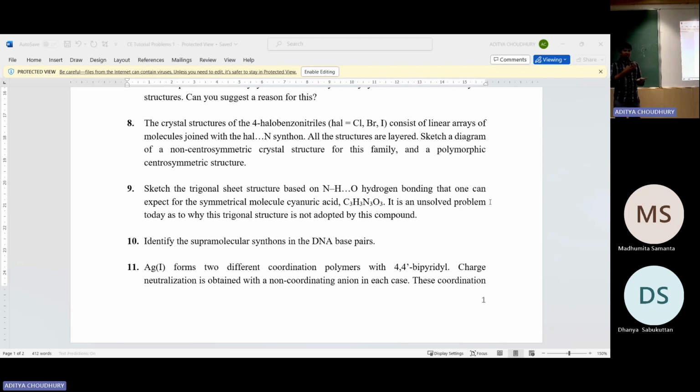Can I draw some array of molecules that will be non-centrosymmetric? It will not always form a non-centrosymmetric structure. It can form a centrosymmetric one if you arrange them properly. Try to draw something, then we'll present it.